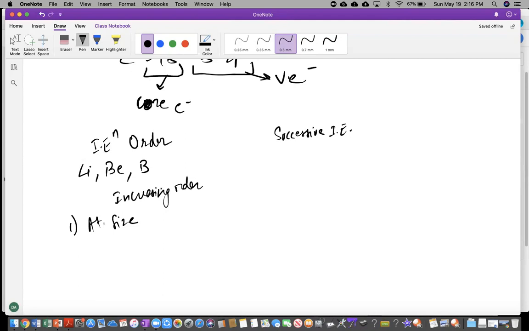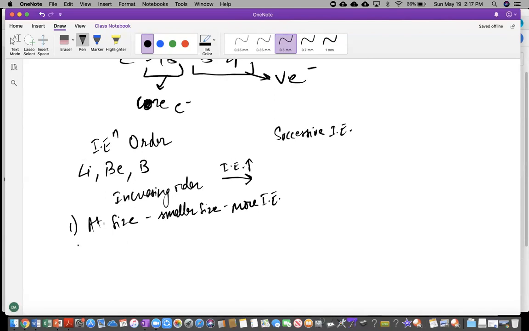More energy is needed to remove that electron. Smaller size means more ionization energy. That's why going to the right of the periodic table, ionization energy goes up.